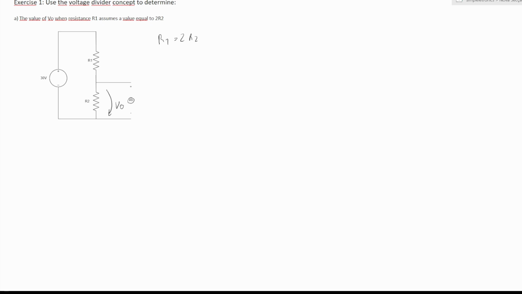As we've seen before, we can say that this current over here is I, and so you know that V is equal to R1 multiplied by the current plus R2 multiplied by the current. And so the current is V divided by R1 plus R2.